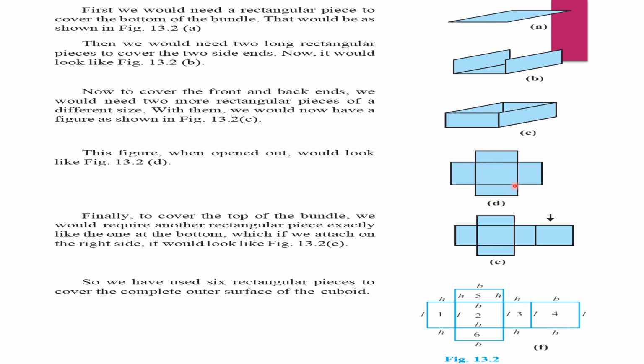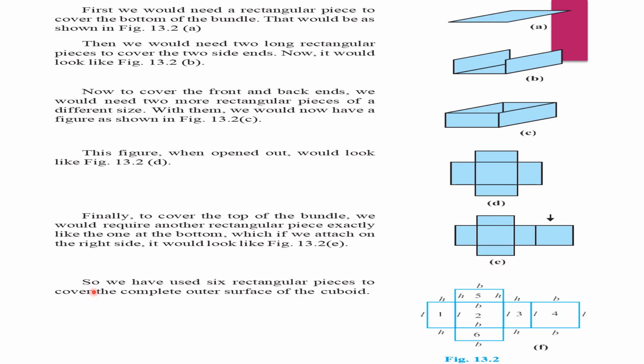Finally, to cover the top of the bundle, we would require another rectangular piece exactly like the one at the bottom, which if we attach on the right side, would look like figure 13.2e. So if we add the rectangle of the same size at the right side, it will look like this.